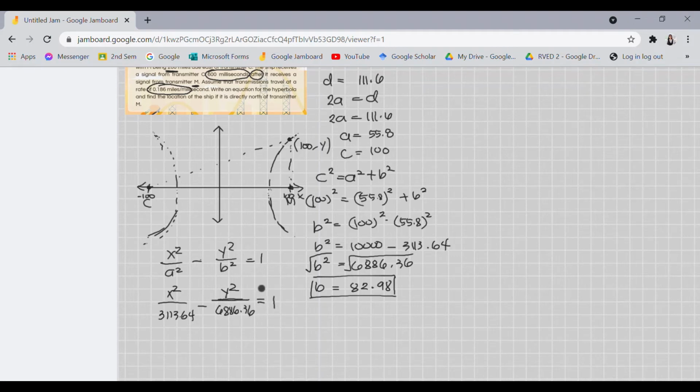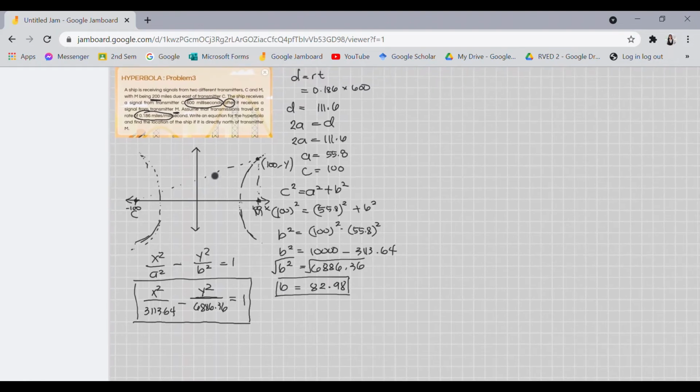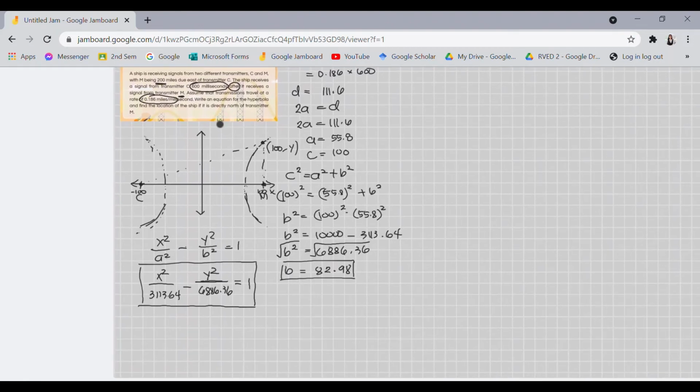Okay? This is now your equation. This is the equation for the hyperbola that represents the situation for the ship. Okay? And then to get the exact location, if it's directly north of transmitter M, we will use this coordinate.